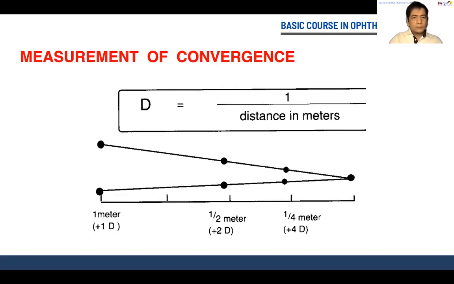So for example, a 1 meter distance will give you a vergence of 1 diopter, while a half meter will give you a vergence of 2 diopters. If it is convergent, it's plus, and a 1/4 meter will give you a plus 4 diopter vergence. If it's convergent, it is in plus form.